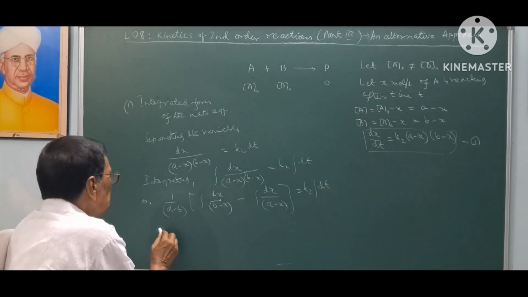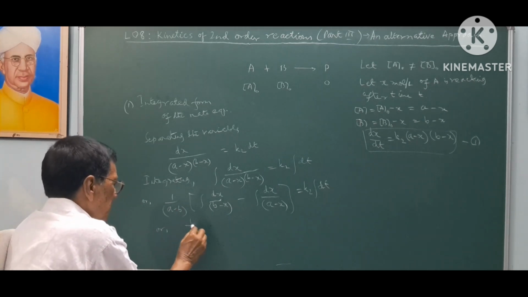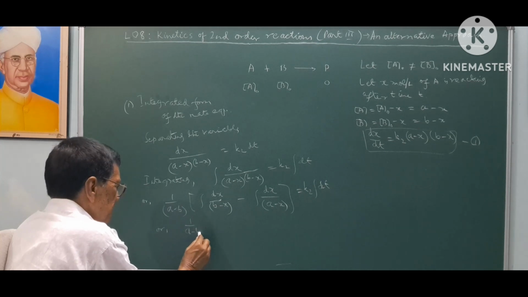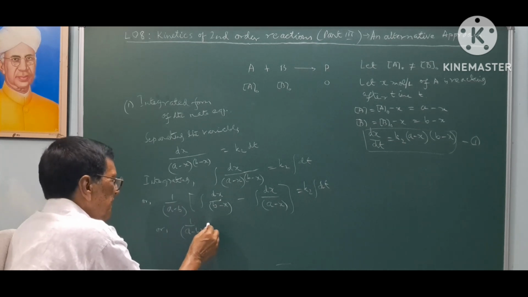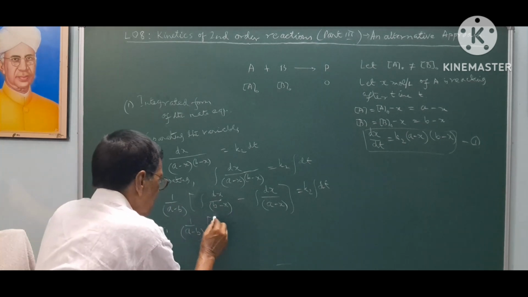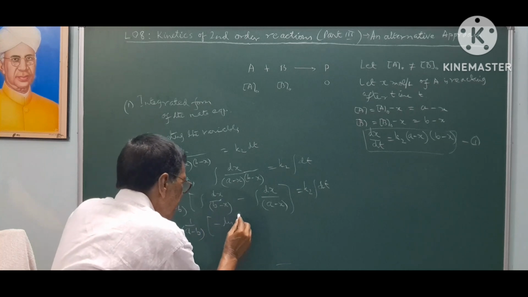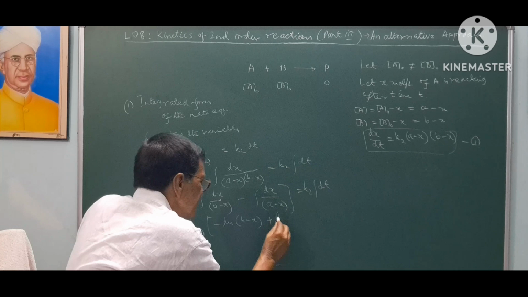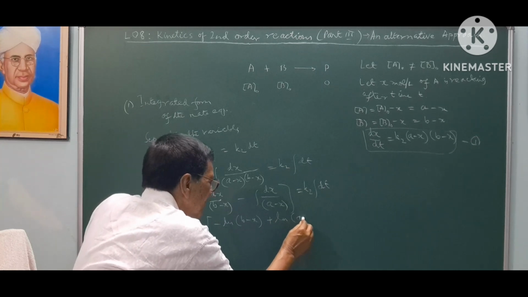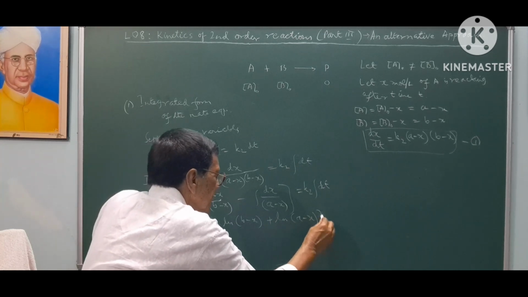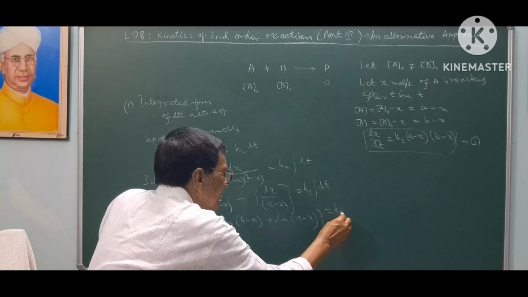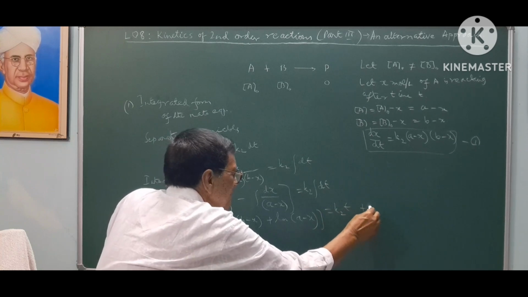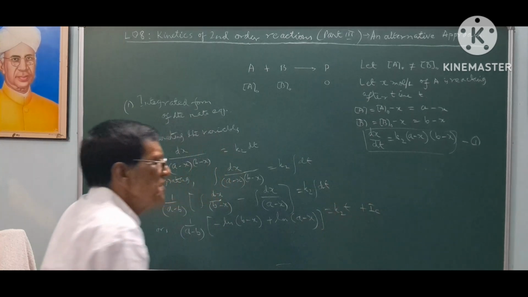So we can write 1 by a minus b, and here integration, minus ln(b minus x), and here plus ln(a minus x), third bracket close, equals k2 into t plus some constant ic, the integration constant.